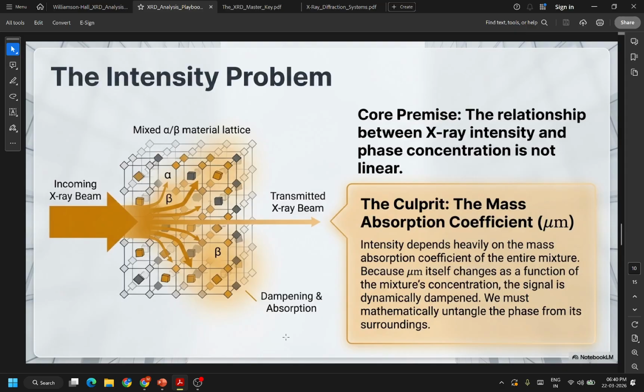The intensity depends heavily on the mass absorption coefficient of the entire mixture, and because the mass absorption coefficient itself changes as a function of the mixture's concentration, the signal is dynamically dampened. So we must mathematically untangle the phase from its surroundings. We have to separate out the phase intensity from the mass absorption coefficient.